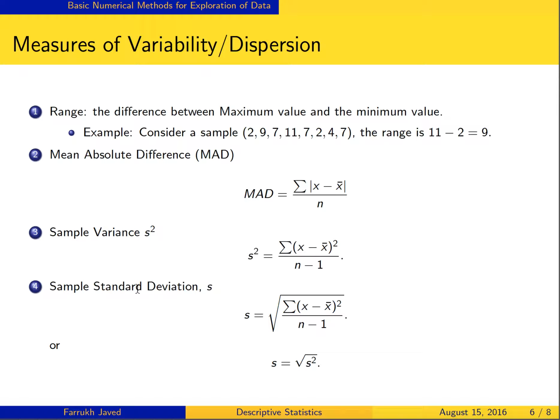Notice that if you take the square root of variance, this will give you the sample standard deviation. So these are the four measures of dispersion or variability.